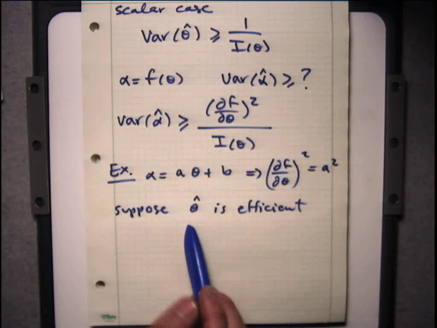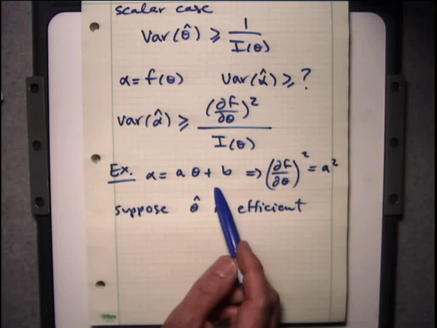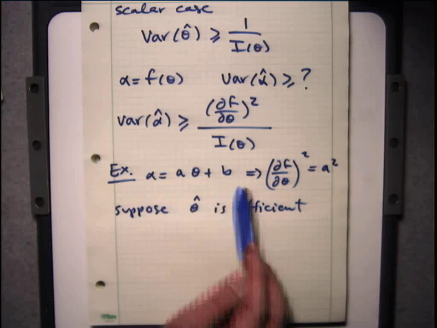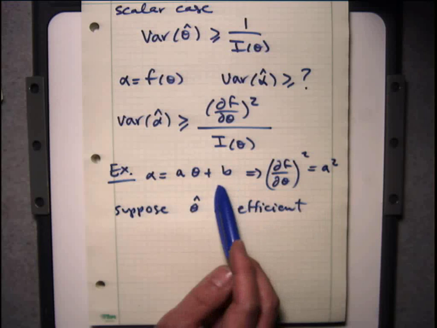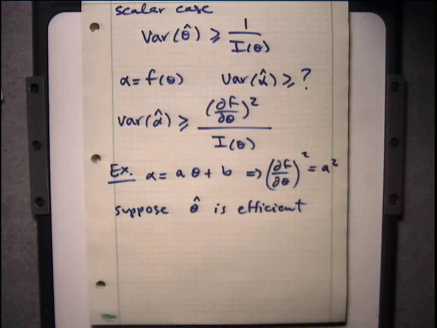If the function is linear, or more generally affine, then efficiency is preserved. On the other hand, if the function is anything more complicated, like a general f of theta, efficiency is generally destroyed. This is a big deal, because you might have a great estimator achieving the lower bound, but maybe what you really want is theta squared. Well, it's not efficient anymore, not generally.